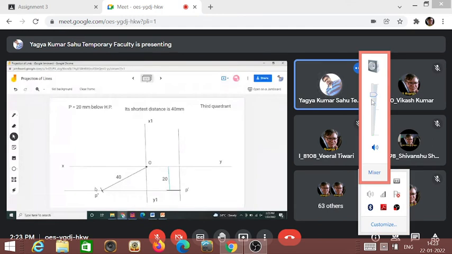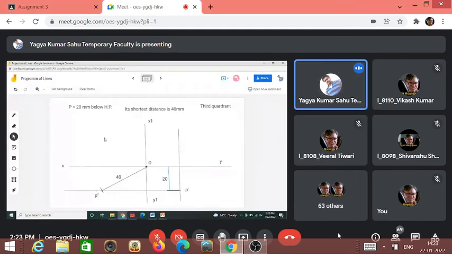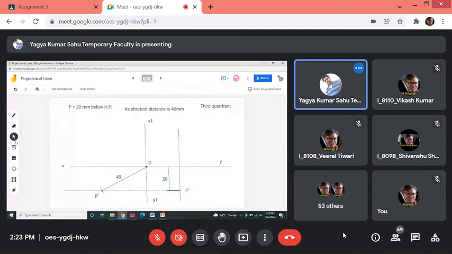To locate P, the top view of this particular point, capital P, we need to measure this one, distance of P dash from x1 y1. Yes or no? इतने ही distance पे क्या होगा? You will get, say this is capital R. The distance of this P dash from x1 y1 is R.